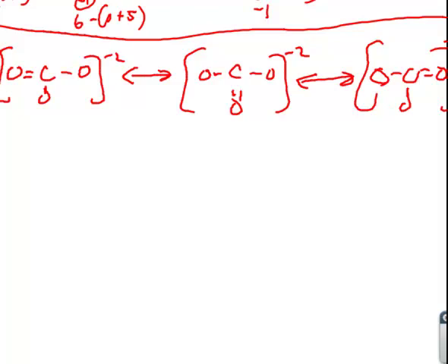Now for this one, unlike the one above, I can't have more than 8 electrons around the carbon because carbon is only in the second row of the periodic table. Remember, in order to have more than 8 around the central atom, it has to be in the third row of the periodic table, the third period or lower.